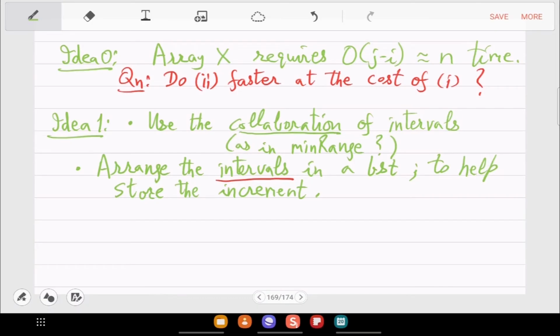So if you are storing intervals in a tree data structure, then when an (i, j, delta) query comes, you can just insert delta in that interval location. Okay, so this is more abstract than just a single integer. So it will need many examples to make you understand.